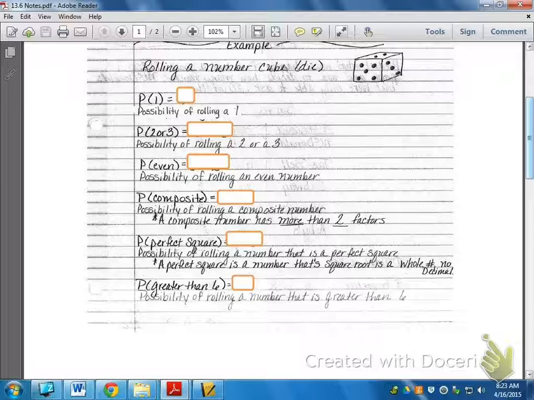So the first one, the probability of rolling a 1. You look at your number cube, how many ones are on that die? 1. And how many possible rolls, how many sides are on that die? 6. So this is just like you learned probably a few years ago, probability 1/6 of getting a 1.